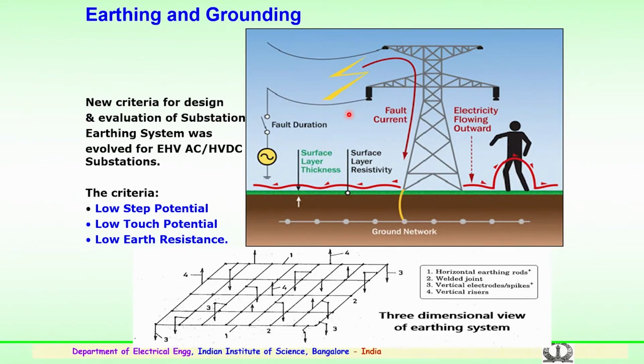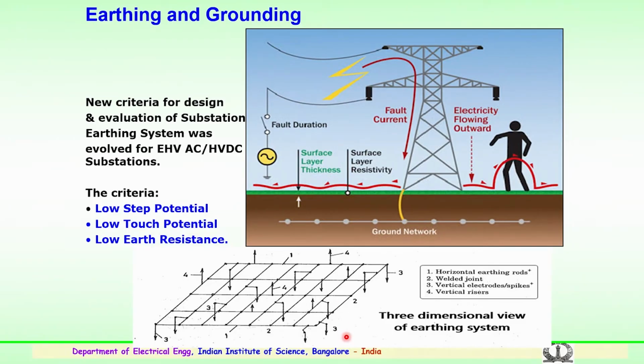Several of these aspects have to be considered, and the earthing has to be properly connected to the ground network, safely connected to the ground potential, so that there is no damage to the equipment or the personnel working near the substation.